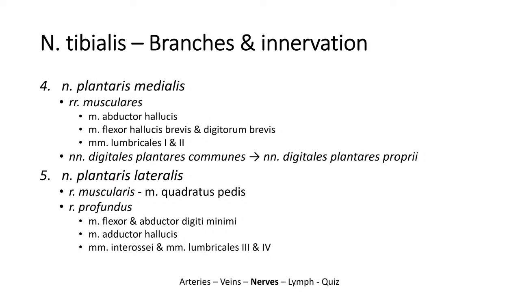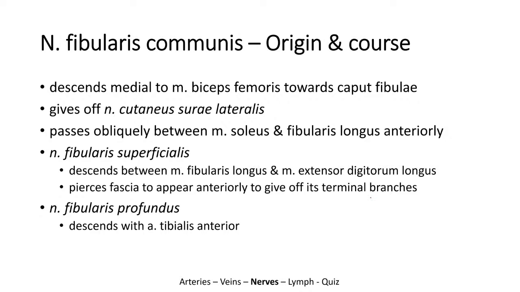While the medial two lumbricals are supplied by the medial plantar nerve, so keep in mind that is also different. So medial one will supply 1 and 2, and 3 and 4 are supplied by nervus plantaris lateralis. Alright, that was it for the tibial nerve.